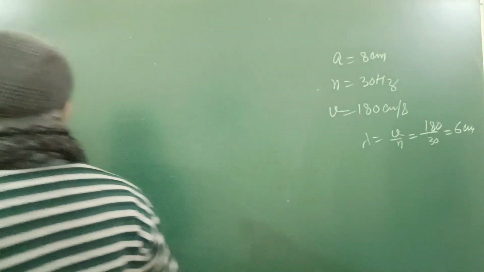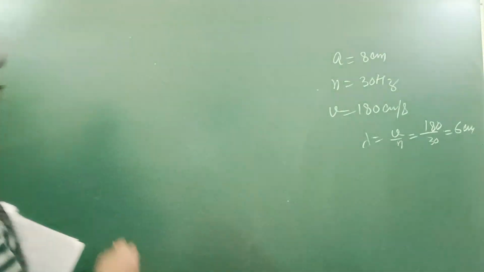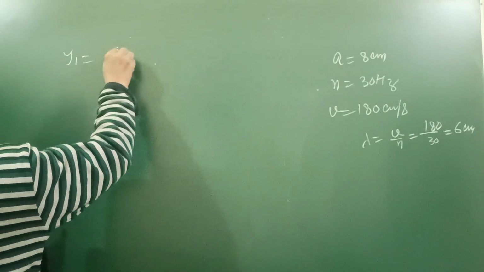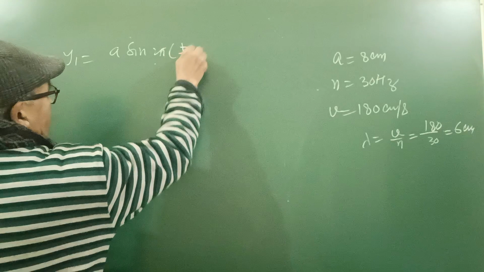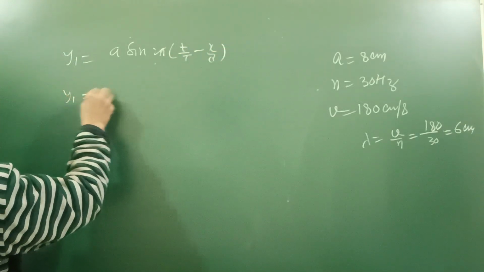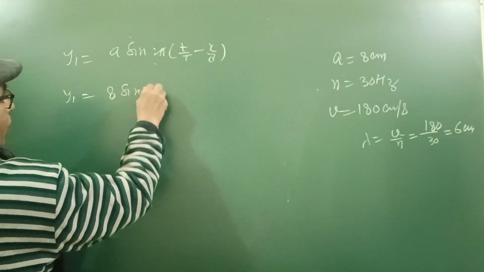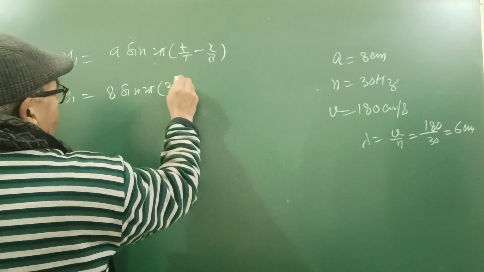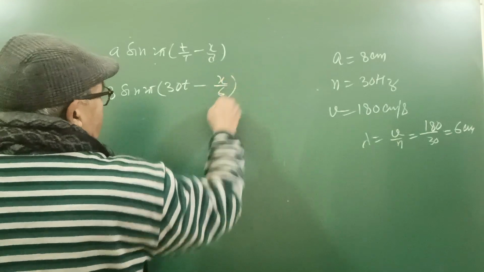So for the equation, suppose I take here that boundaries are free. Then y1 is equal to amplitude 8 sin 2 pi (30t minus x upon 6).